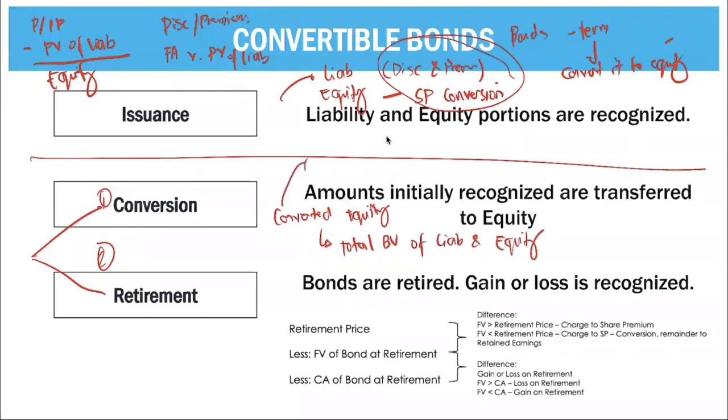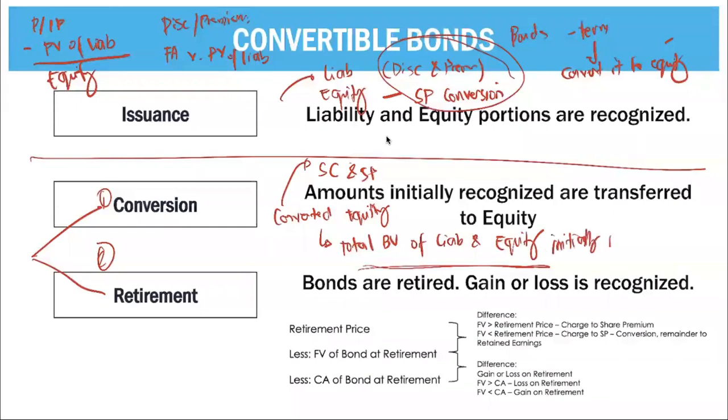So when we say converted equity, that is already the share capital together with the share premium. Because of the conversion, the amount that you will transfer here is the total book value of the liability and equity initially recognized.